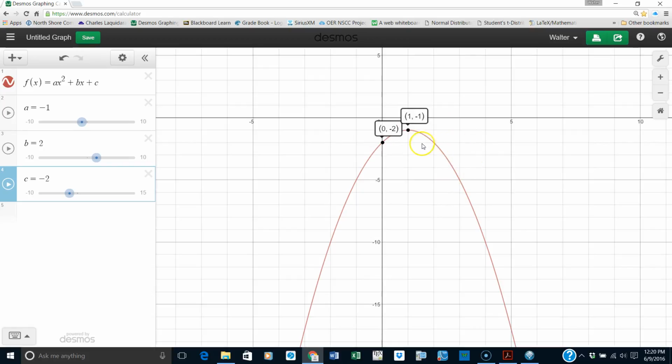We do get 1, negative 1 as our vertex, and when x is 0, negative 2 is our y-intercept. So it's really good to check, make sure things work out. That negative 4 underneath the radical means we have to conclude that we don't have real x-intercepts in this case.